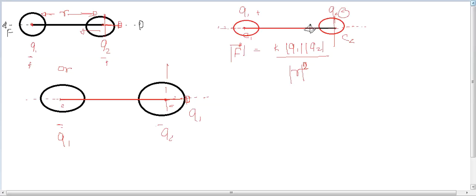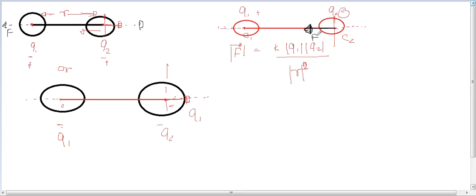So if the charges are of the same sign, the force will be away from the center. If the charges are of opposite sign, the force will be toward each other.